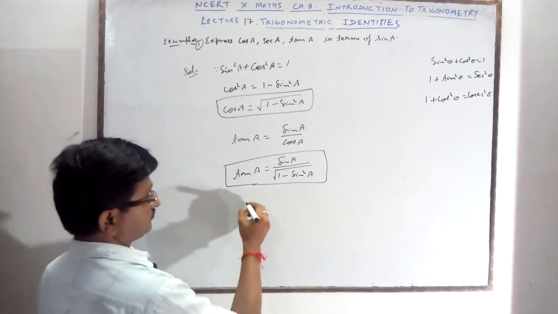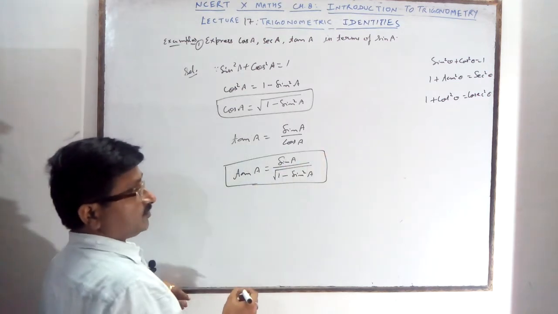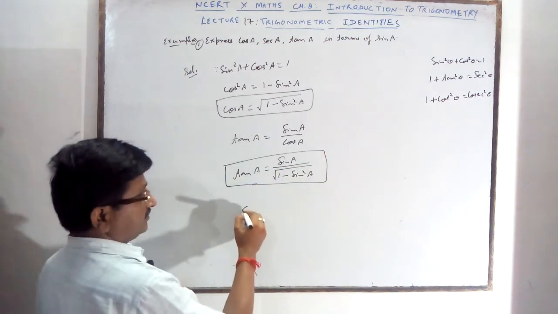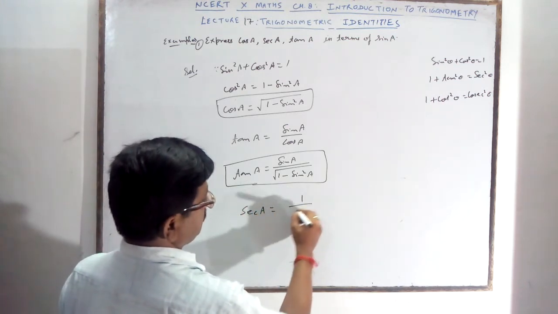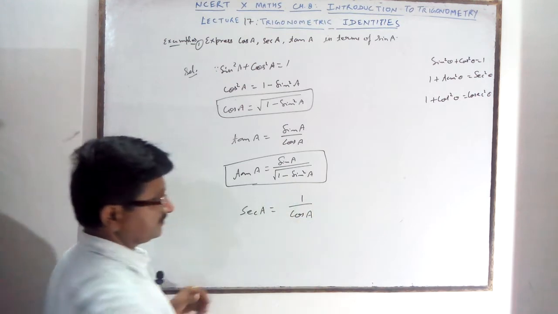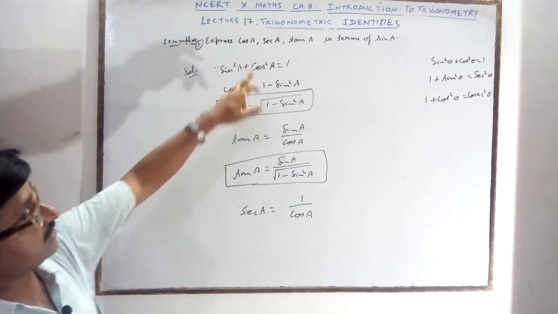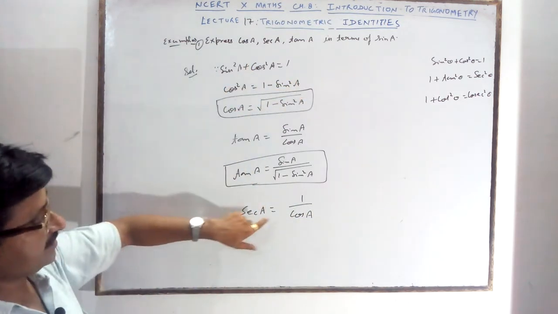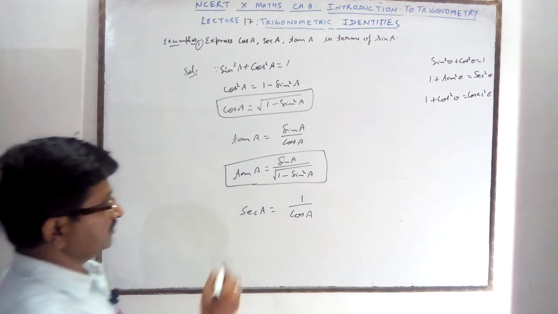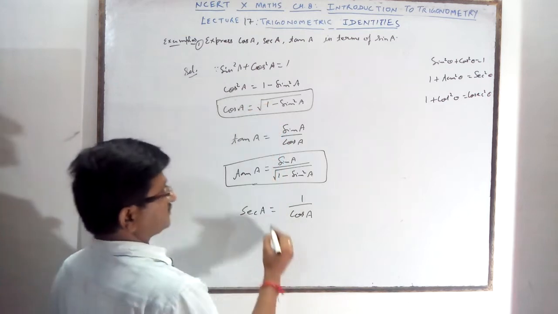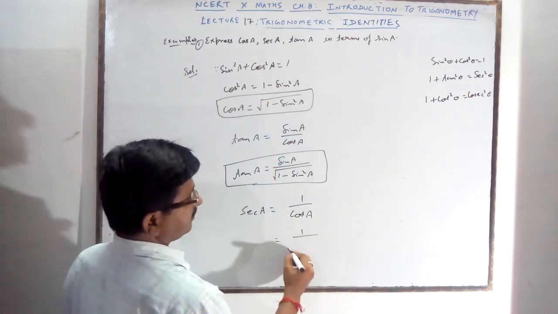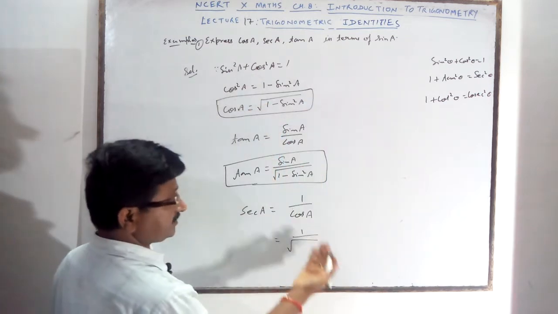Sec A you can write as 1 upon cos A. We know that. Sec also you want in terms of sin. So sec A is equal to 1 upon cos A, and at the place of cos you will write this, because you want only replacing the value.